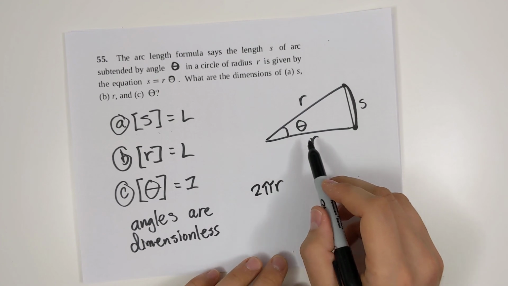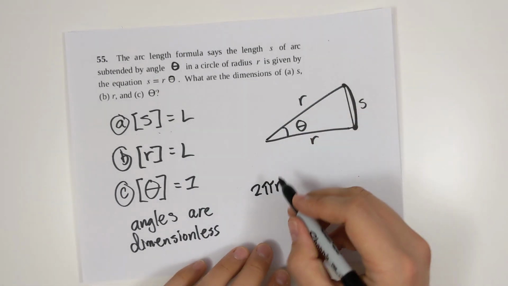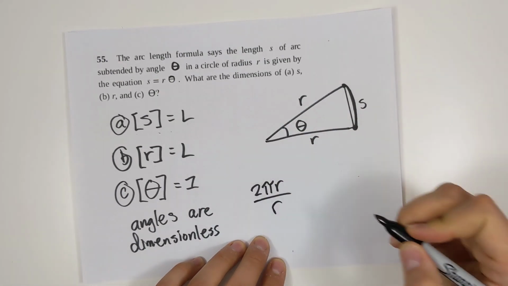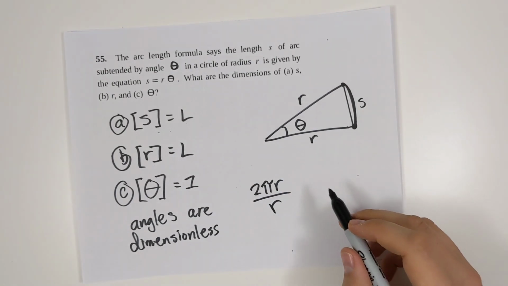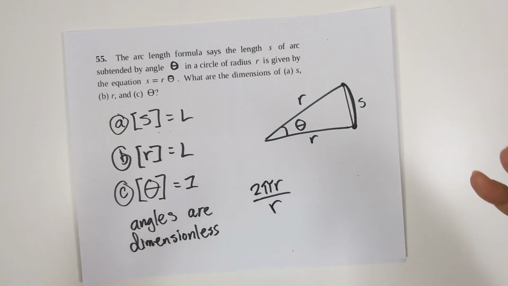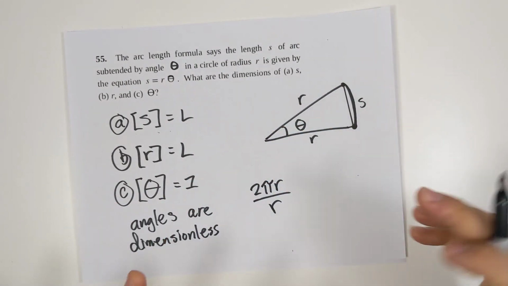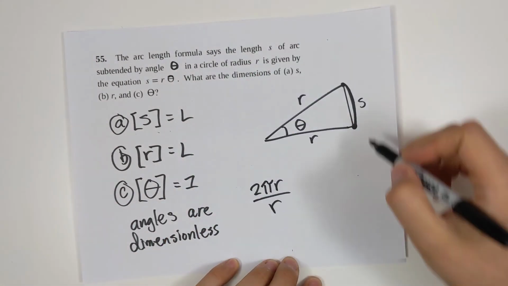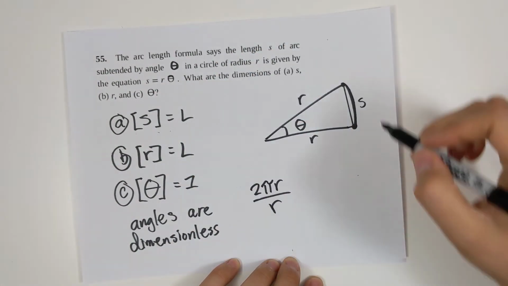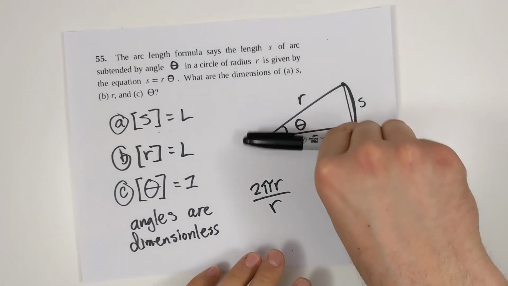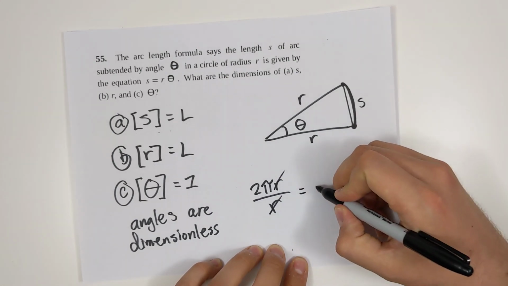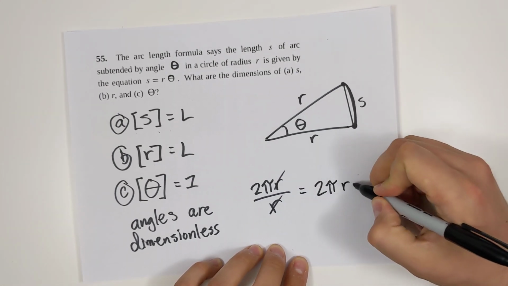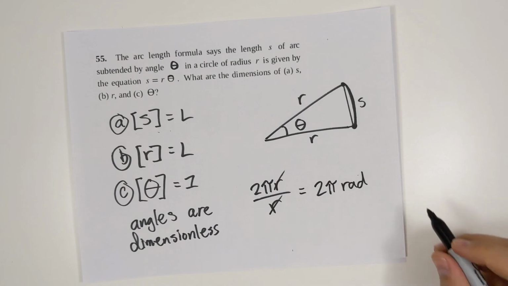And if you normalize that, what I mean is you divide by the radius itself, because you want to get rid of that radius term. So you imagine a circle of any radius. And we don't want to worry about the actual size. We just want to talk about what the ratio is to go around the circle. You normalize by r. What do you get? You get 2 pi radians.